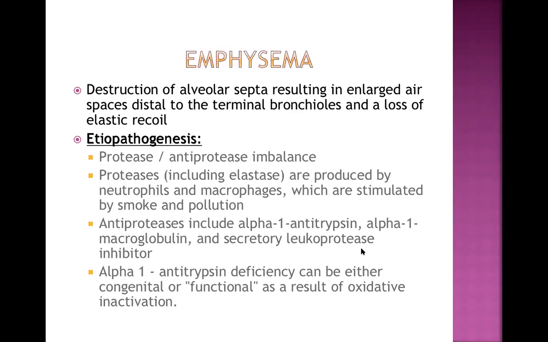This alpha-1 antitrypsin deficiency may run in the family as an autosomal recessive disorder. So different members of the same family may be affected. Remember, an autosomal recessive disorder has a 25% chance of recurring in every pregnancy. This is very important knowledge. One more thing I'd like to highlight here: even the liver is badly affected by alpha-1 antitrypsin deficiency, and inside the liver it can lead to cirrhosis.